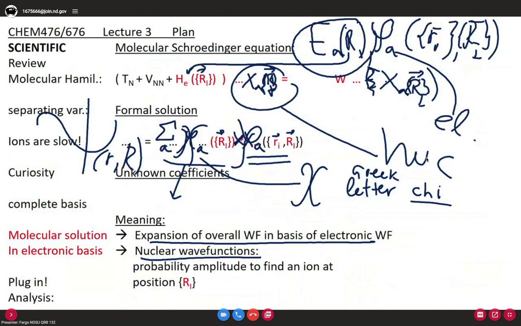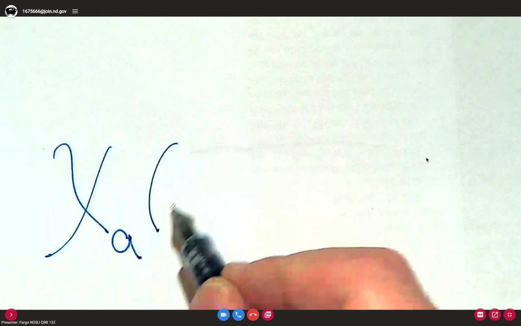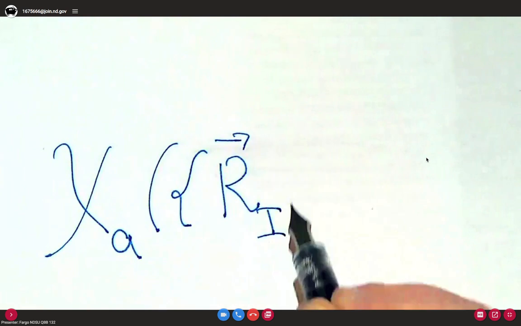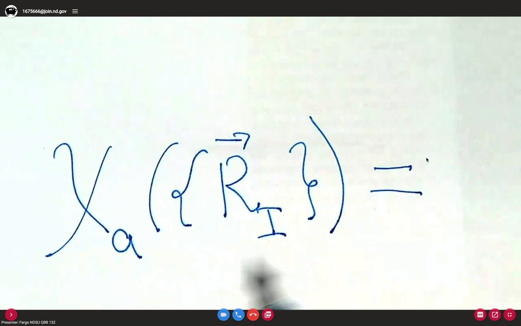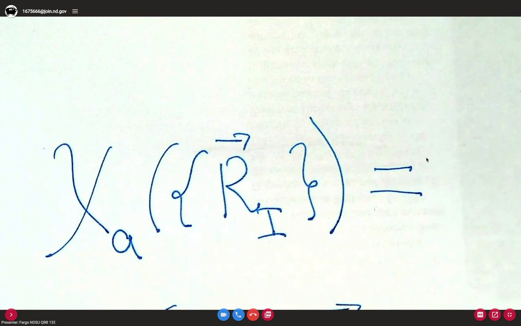So chi sub A of R sub I means chi sub A of R1, R2, up to R sub n, where n equals the number of ions, of nuclei.